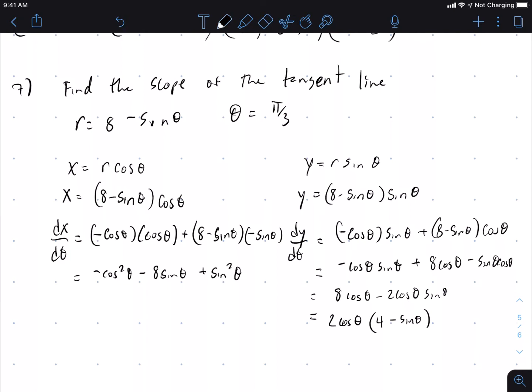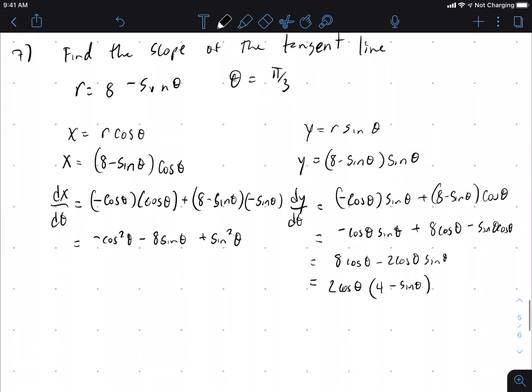Do you guys agree with what I've got? I'm just going to leave it that way. 8 cosine theta is 2 cosine theta sin theta over.